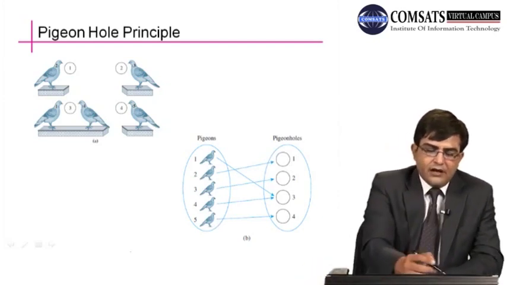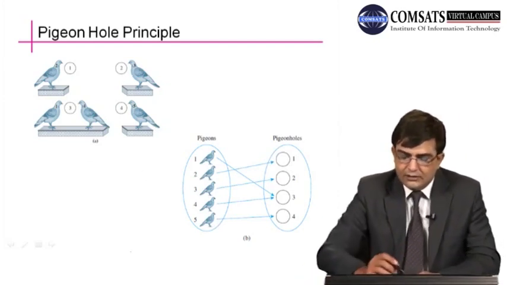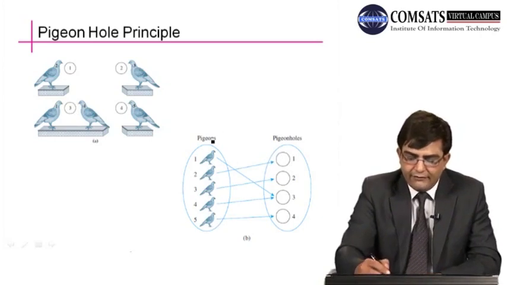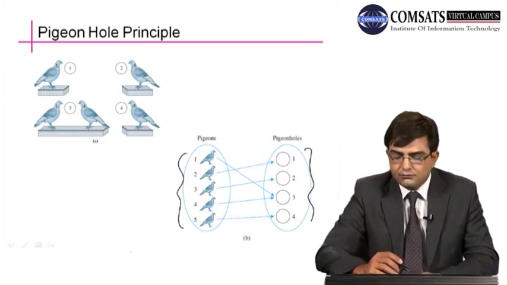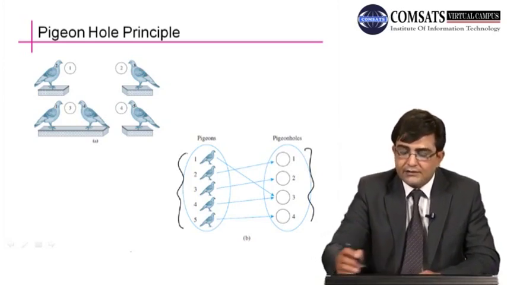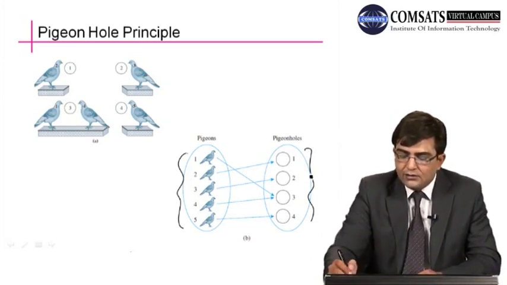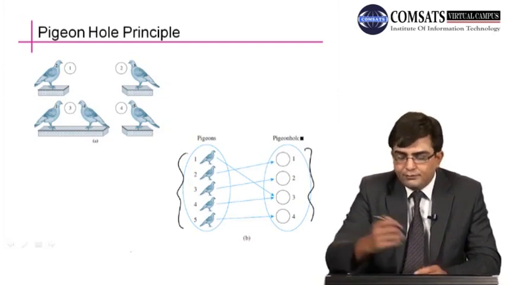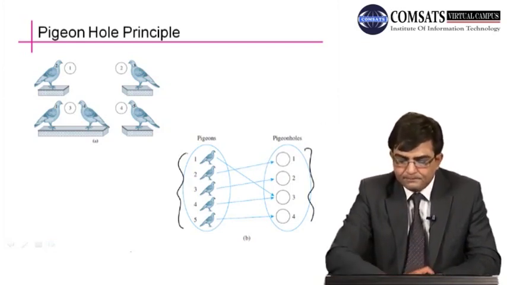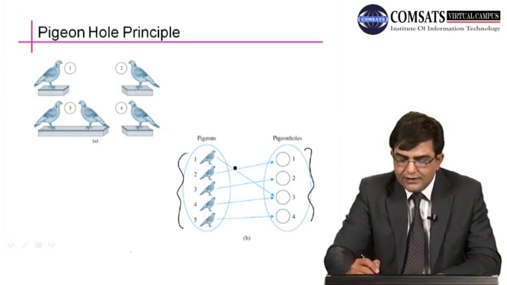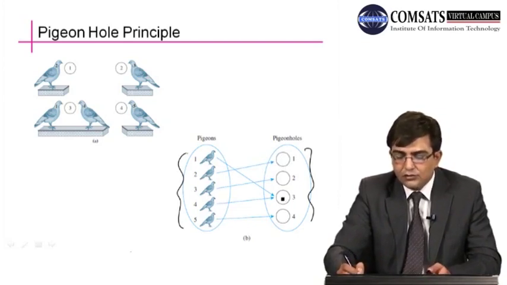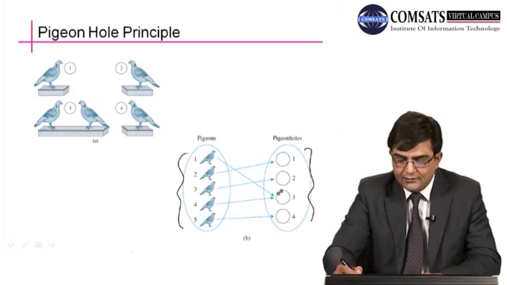For example, using this figure, if you have 5 pigeons here and you have 4 cages, or 4 pigeonholes, then at least 2 of these 5 pigeons must be kept in one cage.